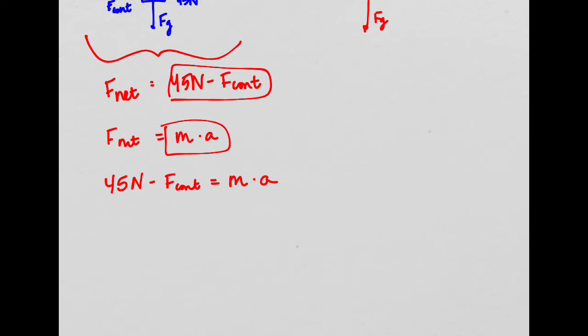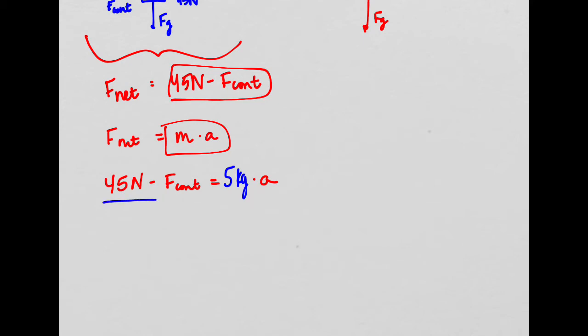We know the mass already, so we can put in 5 kilograms. Unfortunately, we have two unknowns. We don't know the contact force, and we don't know the acceleration. We're pretending like we don't know. So we are done for right now.